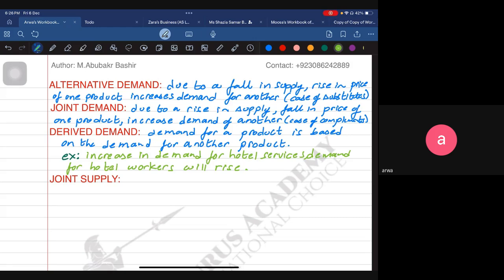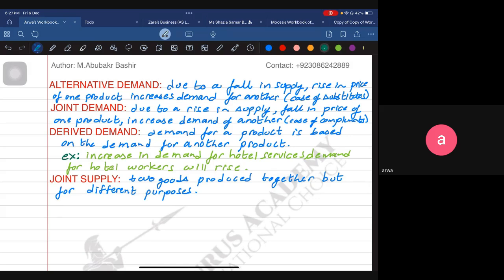So joint supply is two goods produced together but for different purposes.